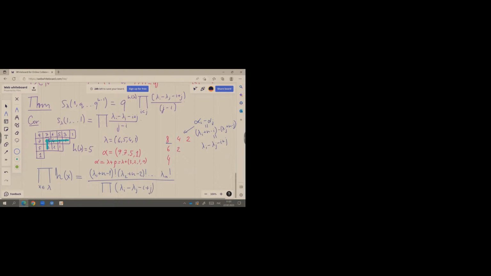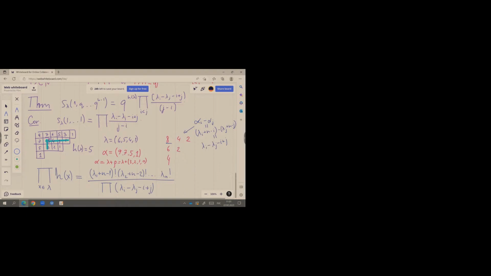And also, what's the other option? You can write square brackets around each integer, and take the product not of hook lengths, but of their q-analogs. So you'll get literally the same thing.